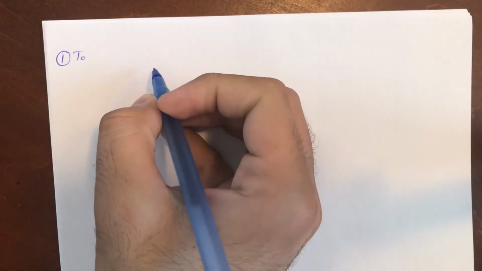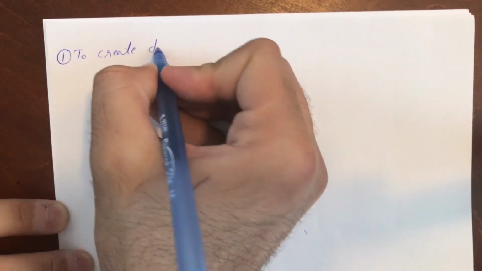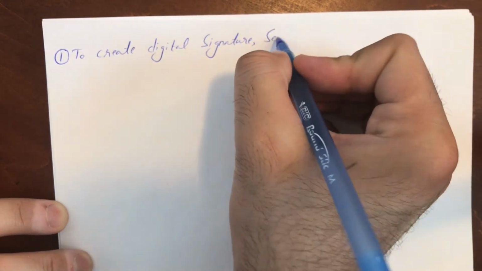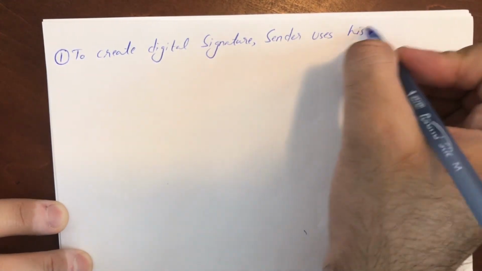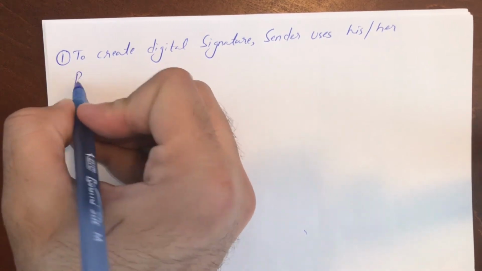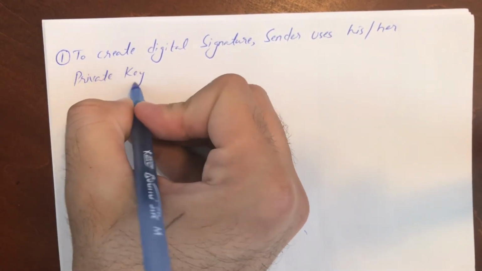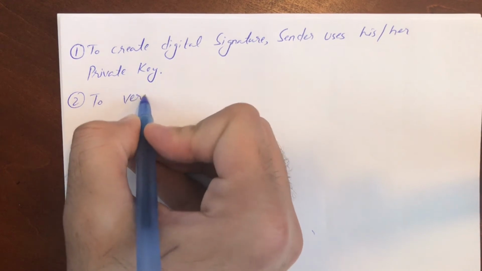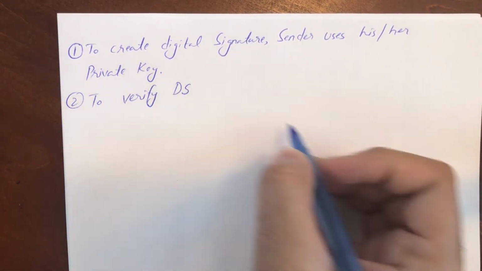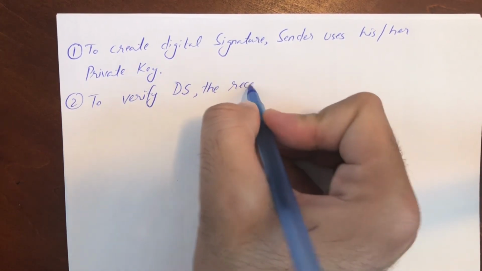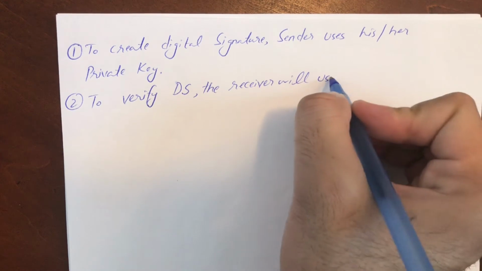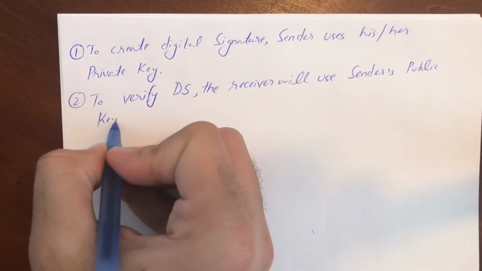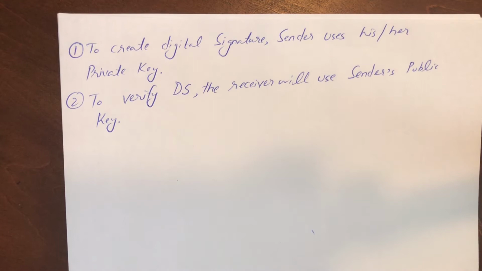Number one, to create digital signatures, sender will use his or her private key, and to verify a digital signature, the receiver will use sender's public key. Okay, so it's just the opposite of encryption.